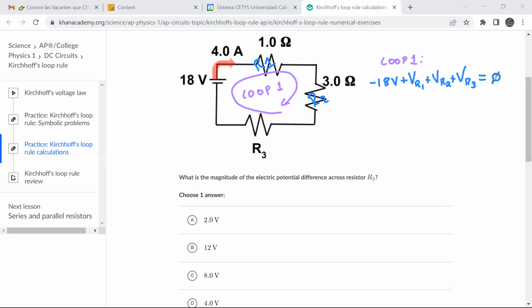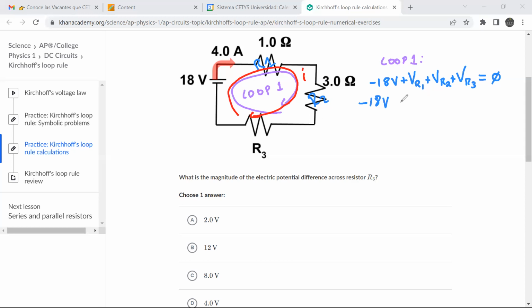Of the values we have here, this is going to be minus 18 volts. For R1, we can calculate the voltage because we've got the current. These 4 amps are going to be the current going through the whole loop because, as somebody mentioned, these are in series.